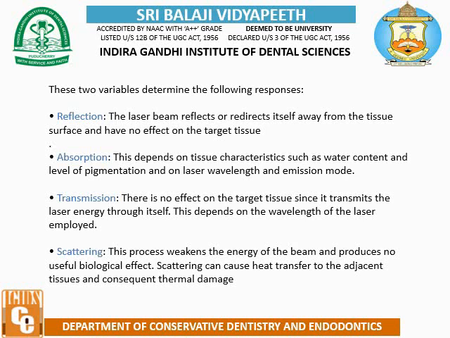This depends on tissue characteristics such as water content and the level of pigmentation and on laser wavelength and emission mode. Transmission. There is no effect on target tissue since it transmits the laser energy through itself. This depends on the wavelength of laser employed. Scattering. This process weakens the energy of the beam and produces no useful biological effect. Scattering can cause heat transfer to adjacent tissue and consequent thermal damage.